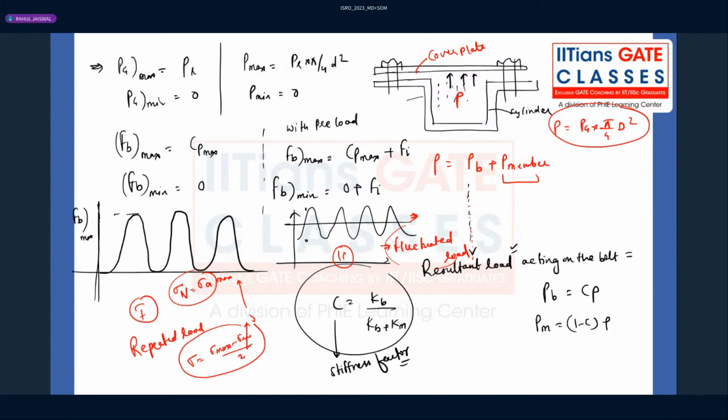Now, with the help of these scenarios, when the amplitude loads or maximum fluctuating loads are decreasing, overall stresses are decreasing, then vibrations in the bolt material are also reduced. Right? Make a note of it.